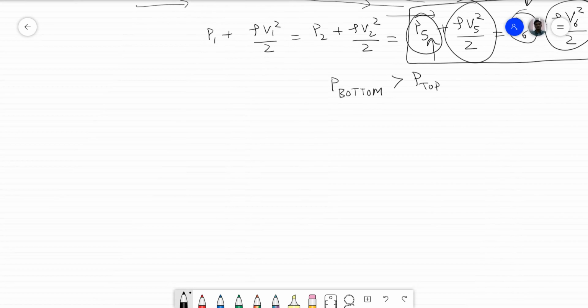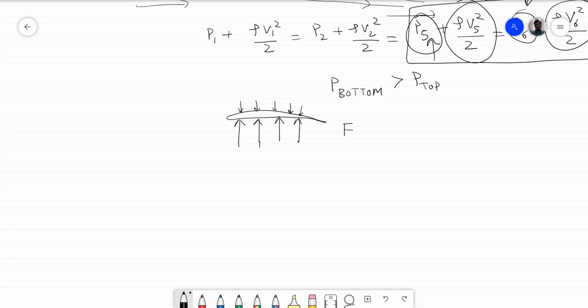So let us draw it again here and see what pressure it gives, what forces it gives. So pressure at the bottom, let us draw it with big arrows, and pressure at the top with small arrows, just to show the difference. Pressure at the bottom is more. So if you integrate the pressure applied by the fluid on the wing on the entire bottom surface area, then you get a force.